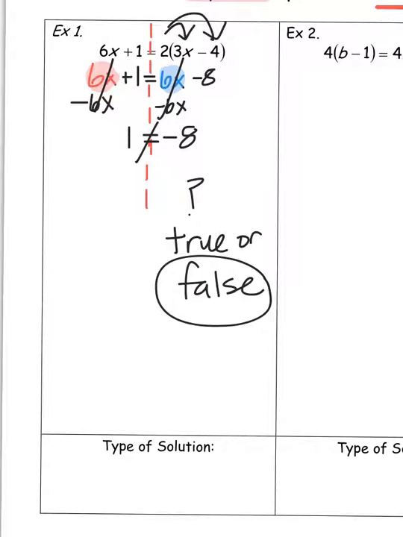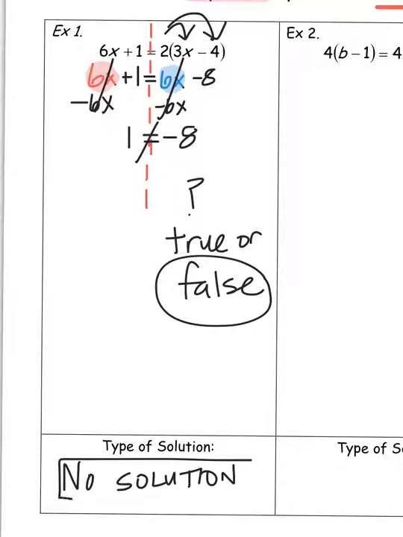Now, what happens if the variables cancel and you are left with something that is false? That means that this is no solution. There is no solution. That means there is no value of x that you can ever plug in that will make our equation true.